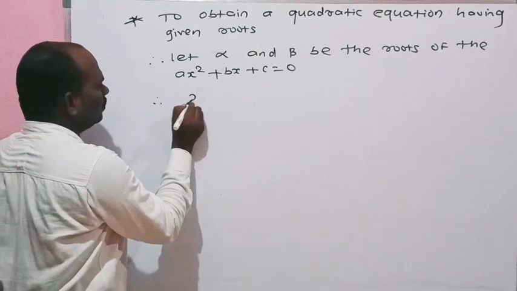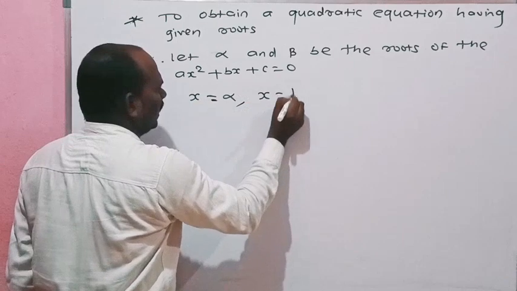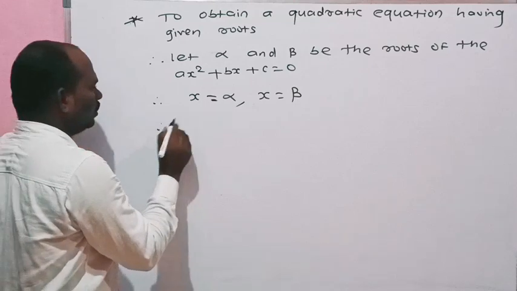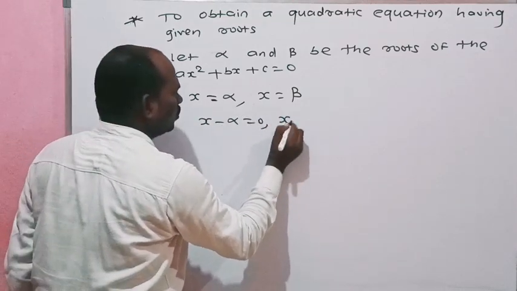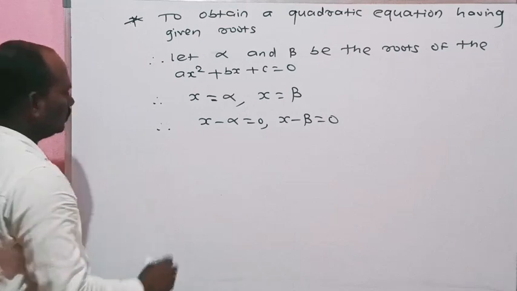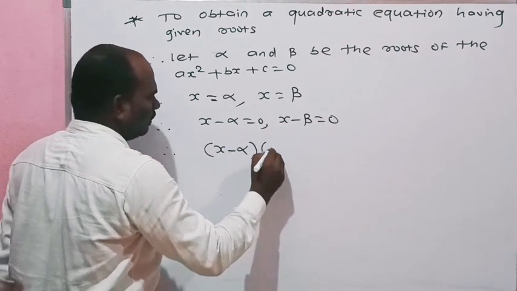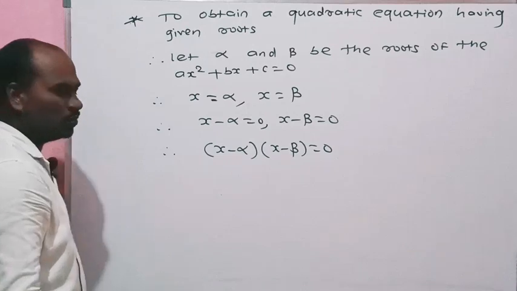Now x equal to alpha and x equal to beta. Therefore x minus alpha equal to 0 and x minus beta equal to 0. Therefore now (x minus alpha)(x minus beta) equal to 0.